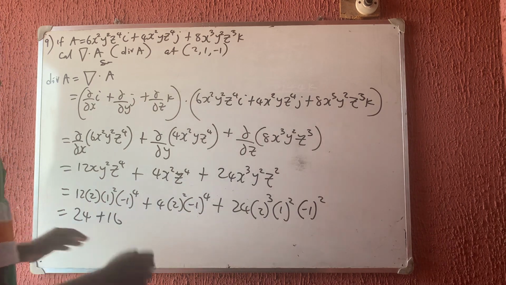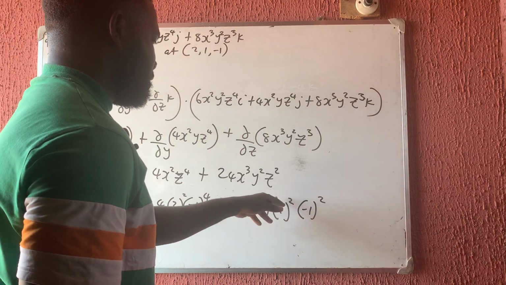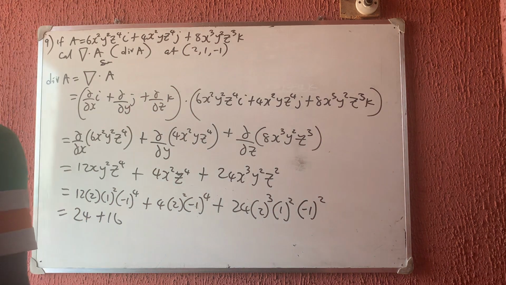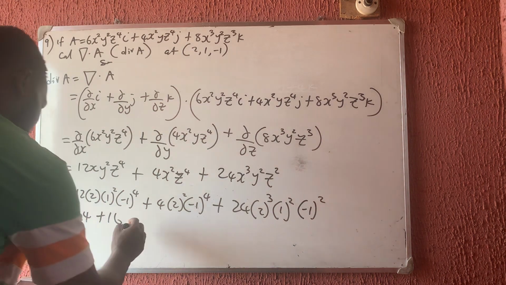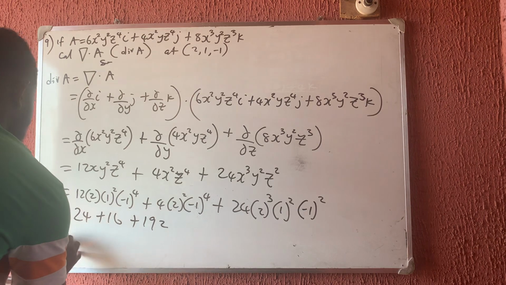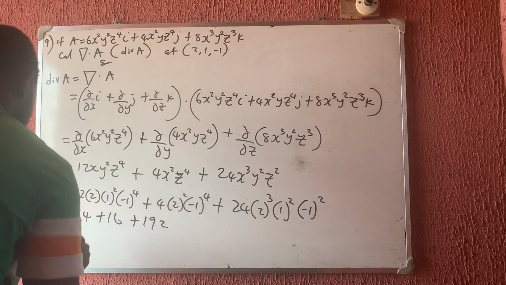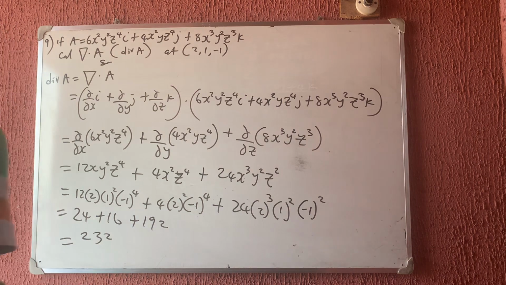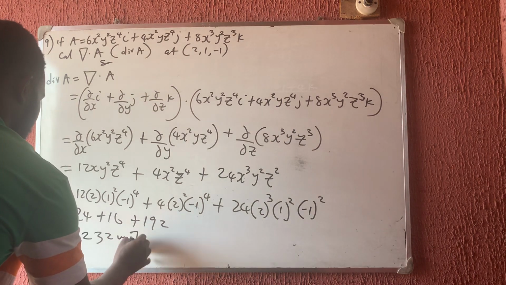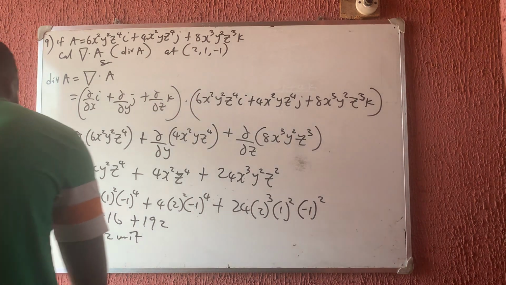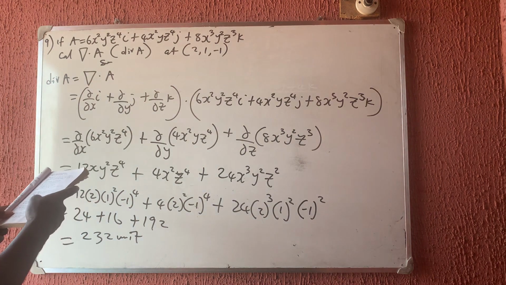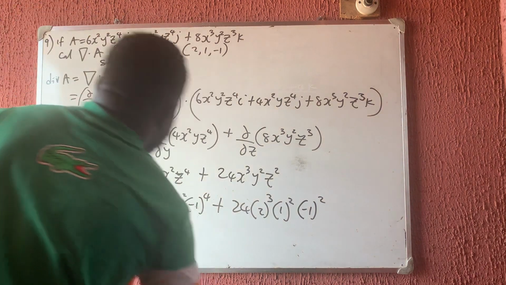What do we have here? 8 times 24, I have 192. So if you add everybody, you have 24 plus 16 plus 192. So I have 232 units. You see, no direction. So the dot product of two vectors is a scalar product. So that is that.